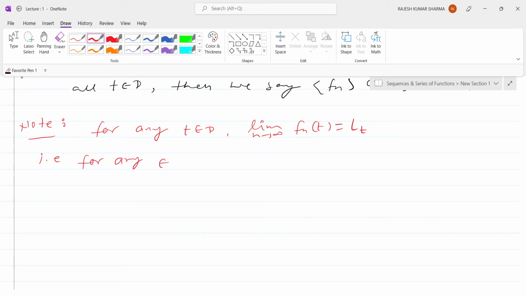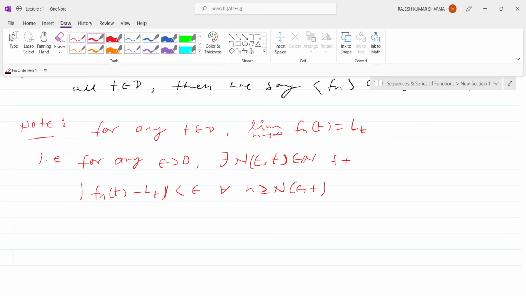That is, for any epsilon positive, there exists N, which depends on epsilon and t, belongs to natural numbers, such that mod of f_n(t) minus l(t) is less than epsilon for all n greater than or equal to N(epsilon, t).